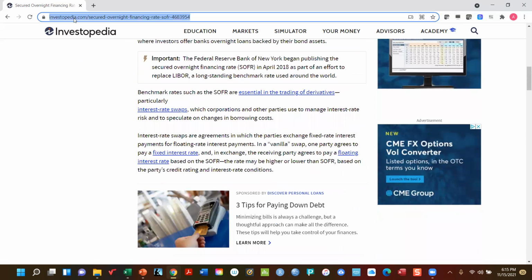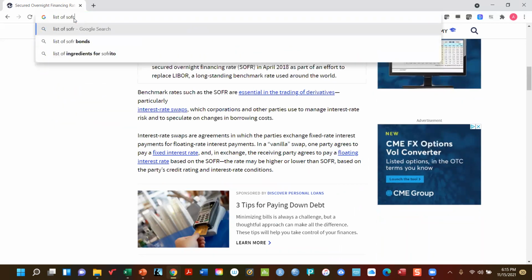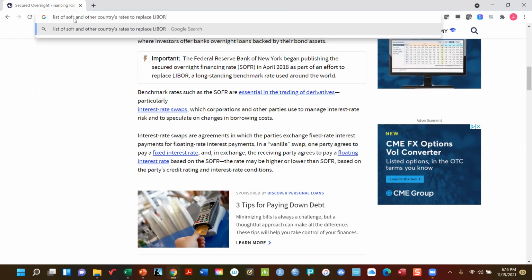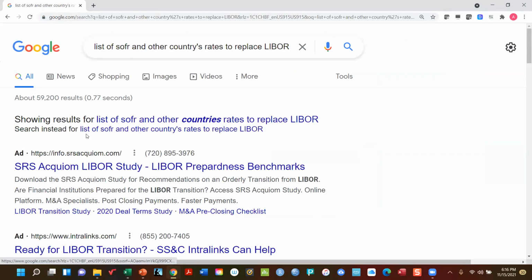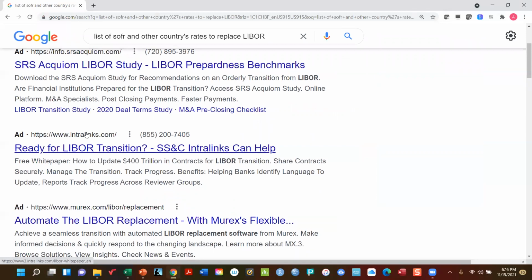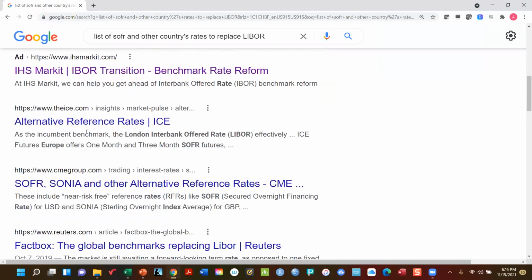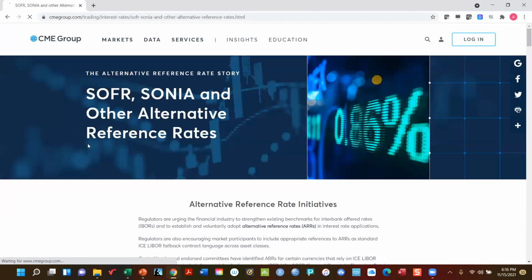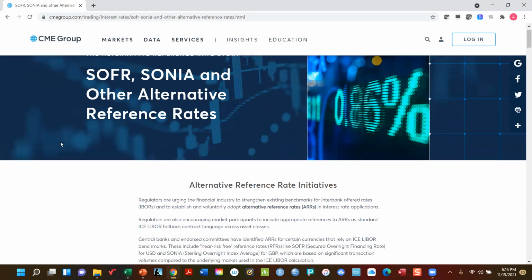Let's see if we can find a list. Oh, here we go. So this is the Chicago Mercantile Exchange we've already discussed, basically the country's largest derivatives exchange.